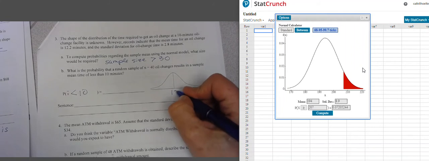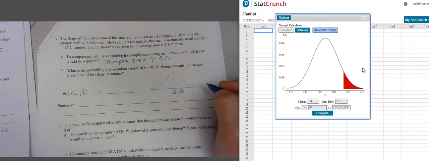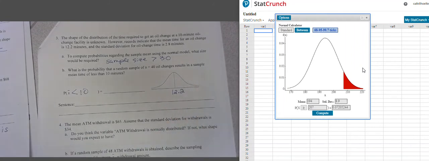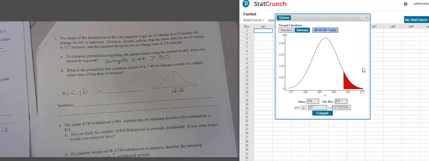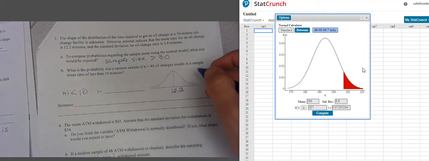We know we have the mean of 12.2, and we need to compute the standard deviation. Since we're not just talking about the probability of one oil change taking less than 10 minutes, but about a sample of 40 oil changes whose mean time would be less than 10 minutes, we have to use the central limit theorem and adjust our standard deviation.